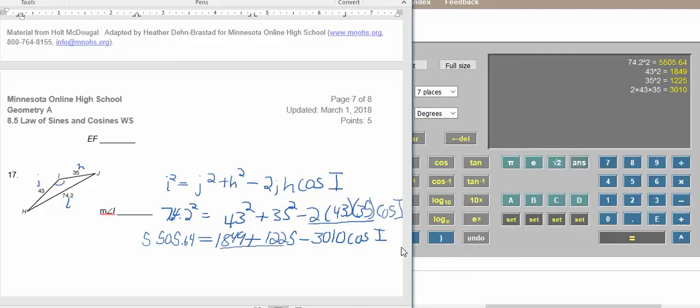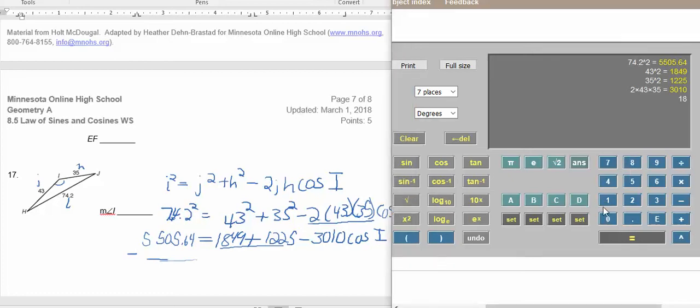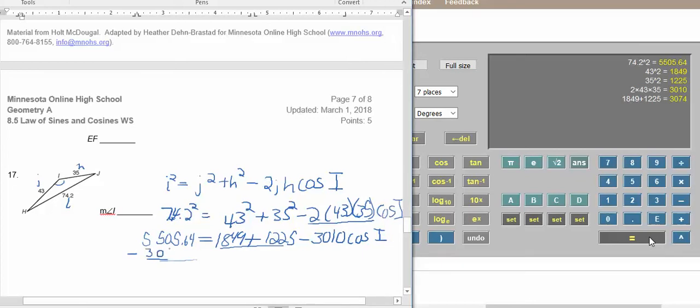I'm going to add these together and then subtract that answer from over here. So 1849 plus 1225 is 3074. So I have to subtract.